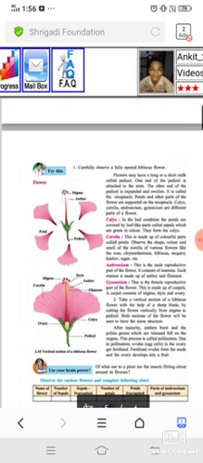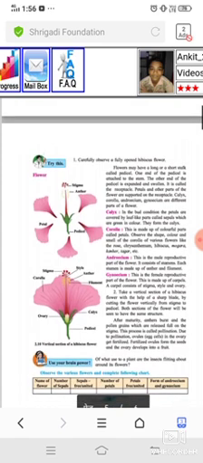First, carefully observe a fully opened hibiscus flower. A flower may have a long or a short stalk called pedicel. One end of the pedicel is attached to the stem.